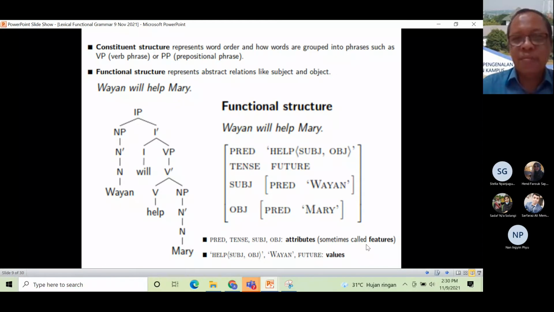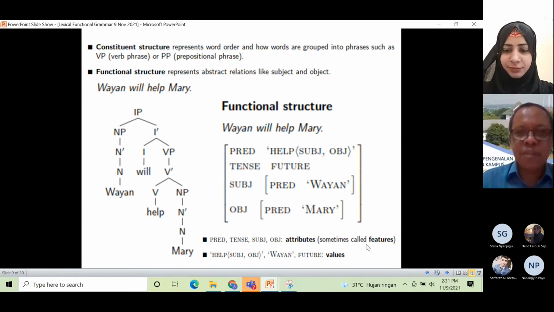By having the functional structure, we can understand that the sentence "Wayan will help Mary" has the predicate help that needs two arguments, subject and object. The tense is future, the subject is Wayan, and the object is Mary. So this is the description of lexical functional grammar, or LFG, using constituent structure and functional structure.